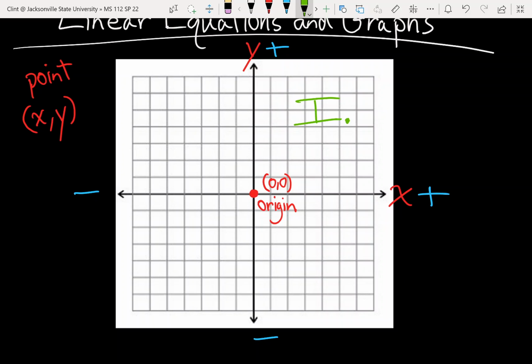There, that green's not showing up real great, is it? We call this quadrant 1, Roman numeral 1. Okay, and then we go counterclockwise. So we'll call this one quadrant 2. This one's quadrant 3. And then this one's quadrant 4, so in Roman numerals that's IV.